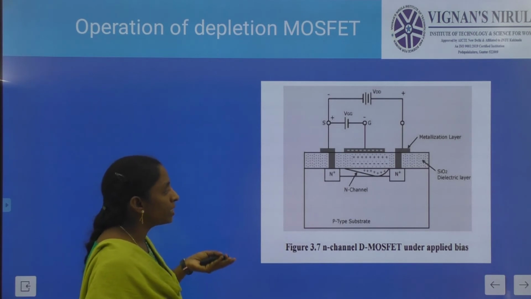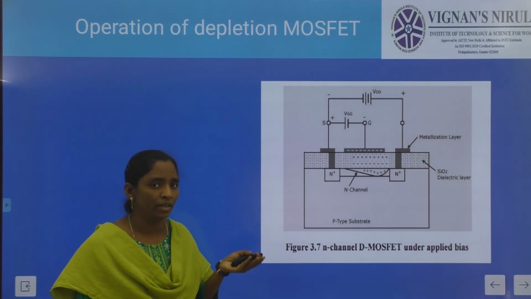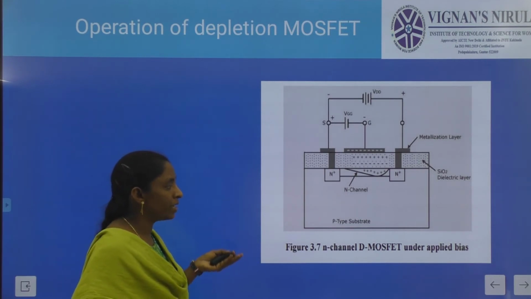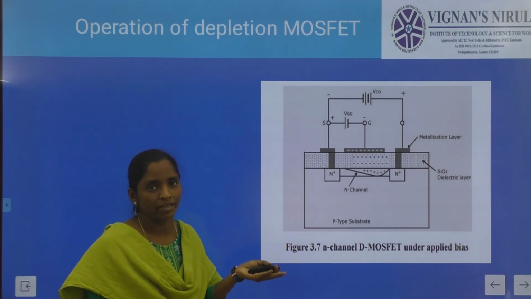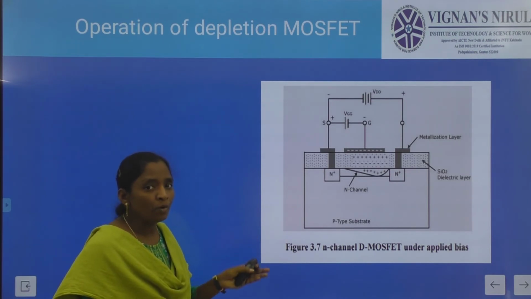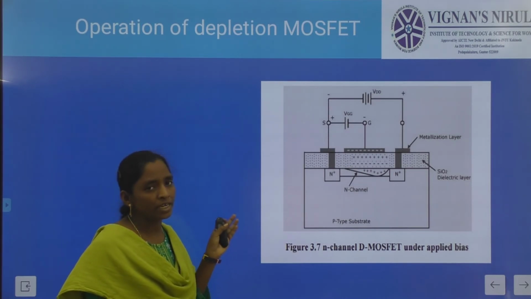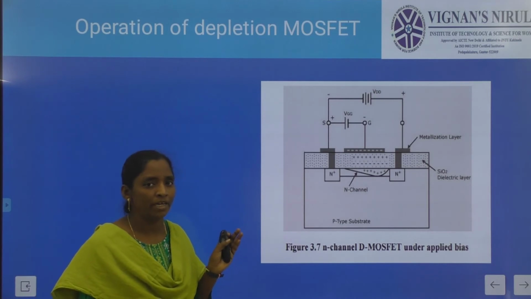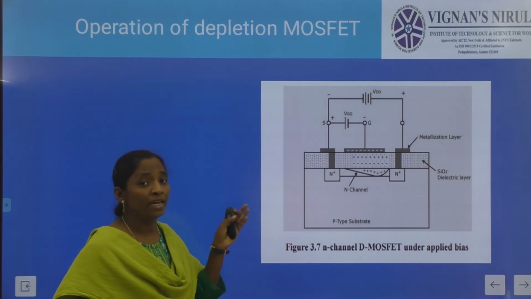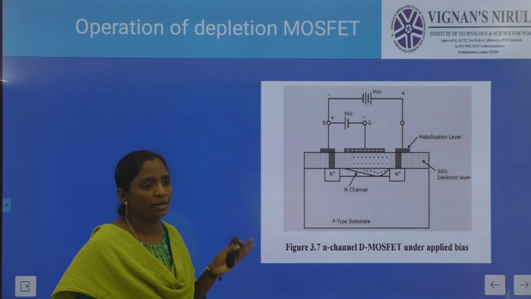We are taking an N-channel MOSFET, where the majority charge carriers are electrons and holes are minority charge carriers. But here, in depletion mode, electrons are reducing and holes are increasing. Minority charge carriers are increasing, majority charge carriers are reducing.